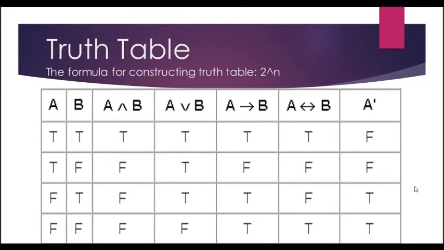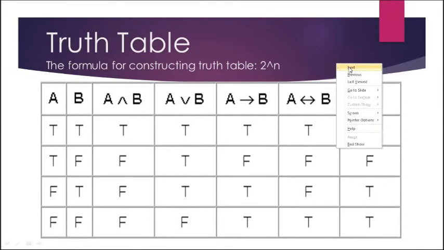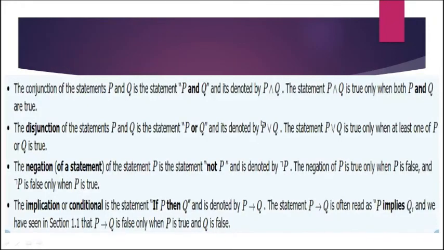So remember, we have your AND, the OR, if-then, if and only if, then the negation. Next, we have the conjunction. The statement P and Q is the statement P and Q, and it's denoted by P and Q. The statement P and Q is true only when both P and Q are true.